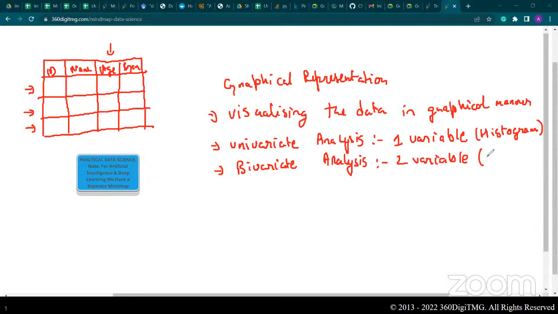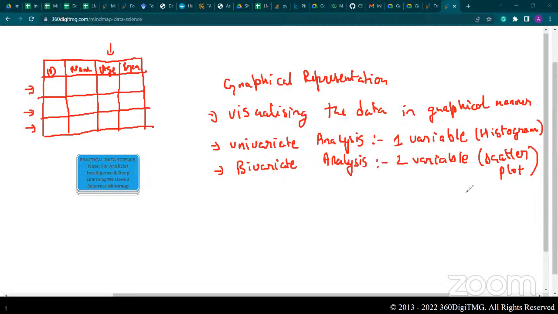In bivariate, we have something called a scatter plot. This is just one example. All right. We have multiple types of analysis and multiple types of visualizations that can be done, but an example is a scatter plot. So we can use this scatter plot to compare 2 variables.